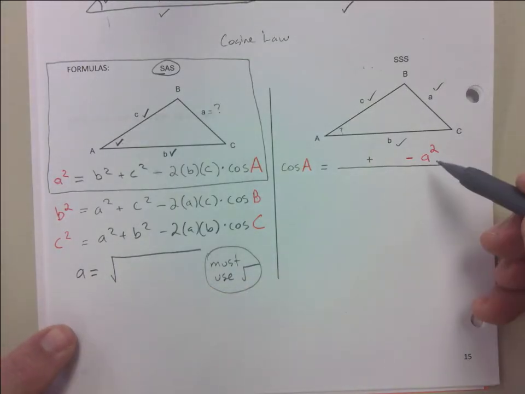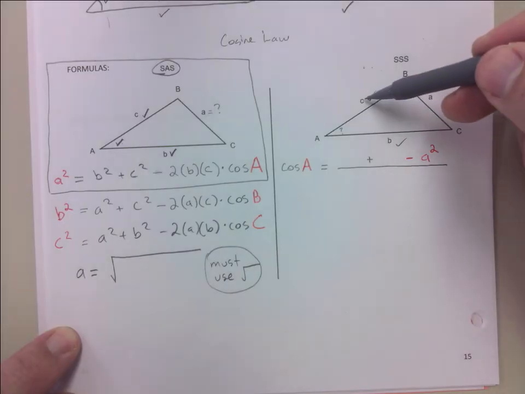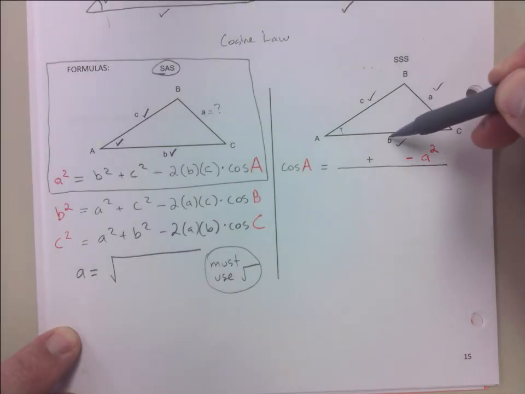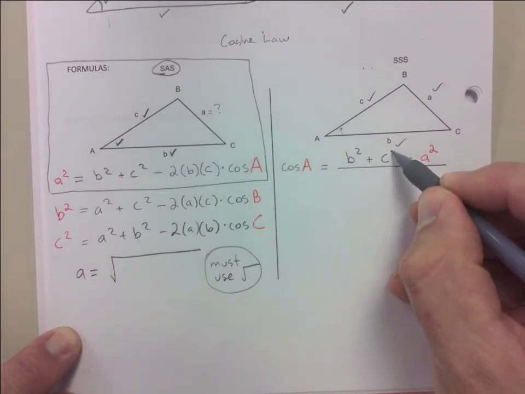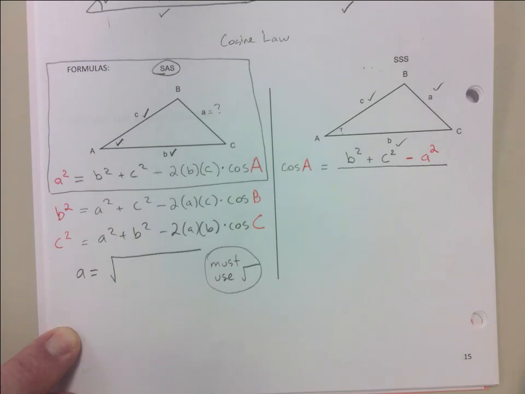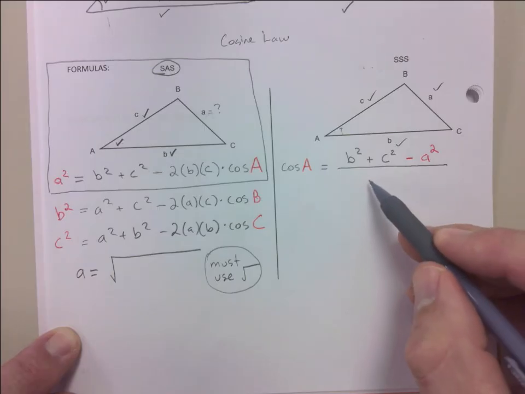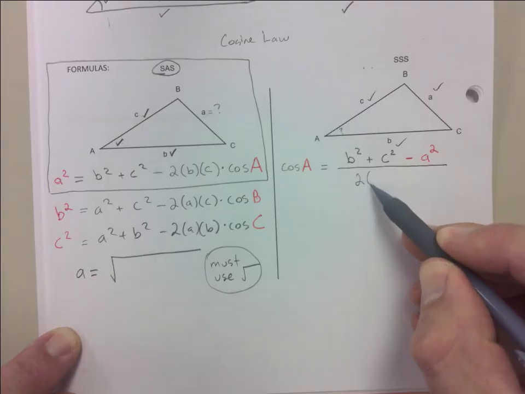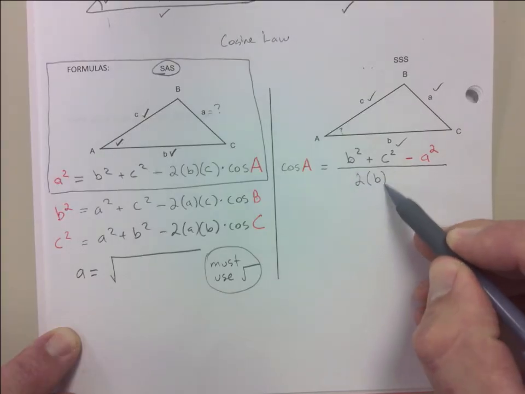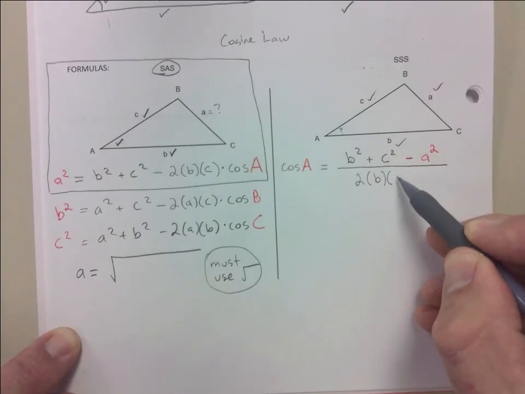Make sure you write that down. And then you're left with the other 2 sides. So it's b squared plus c squared. And in the denominator, it's 2 times the first side here, b, times the second side, c.